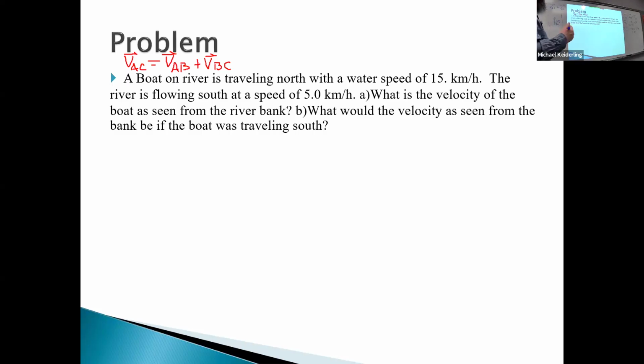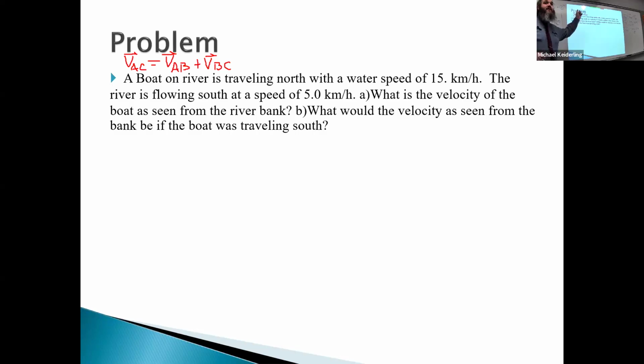And the river is flowing south at a speed of 5 kilometers per hour. So a shorter arrow. Velocity of the water with respect to the shore is 5 kilometers per hour.